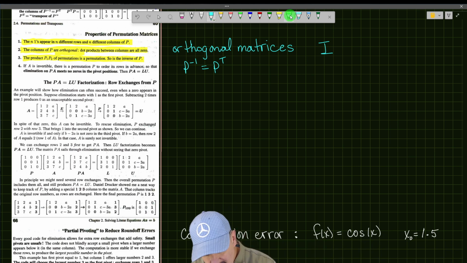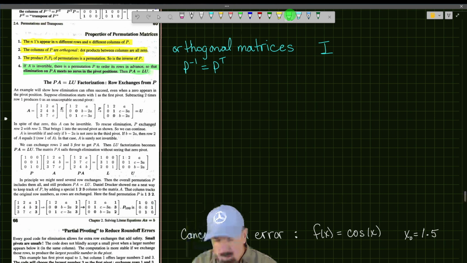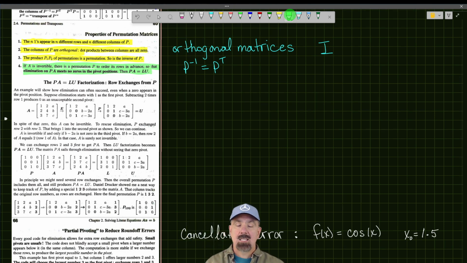And that flows into our big result right here for LU decomposition. So what he says in this statement is all the permutations required in order for us to be able to do Gaussian elimination, all of those permutations can be rolled up into a single permutation matrix.